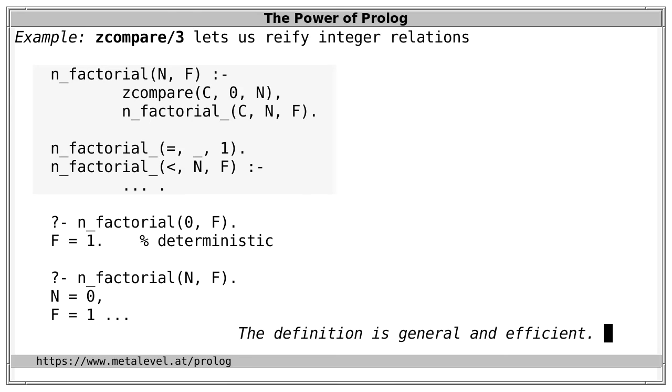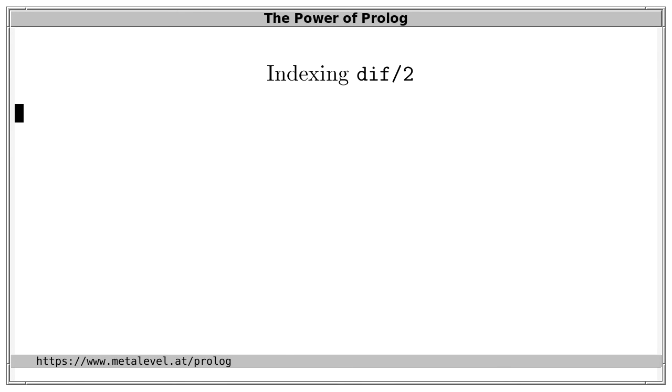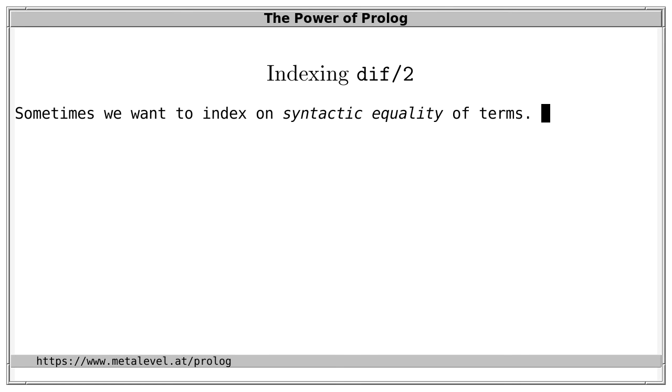And related to reification, we can also index diff, because sometimes we want to index on syntactic equality of terms. For instance, suppose we want to remove a term from a list. So first of all, that's not how we talk about relations, because remove is very imperative wording and it suggests only one direction.